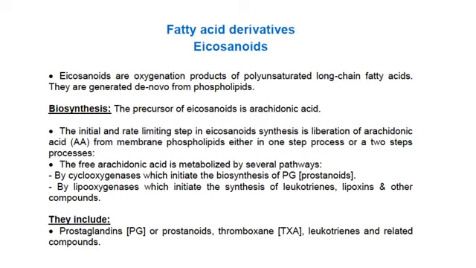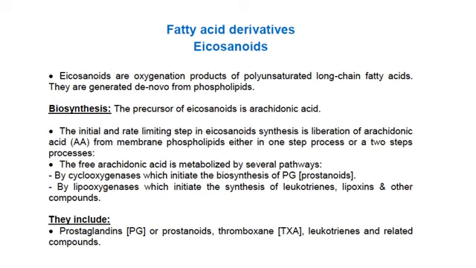So eicosanoids are derivatives of arachidonic acid, which consists of 20 carbons, and this is the mother compound. This arachidonic acid will undergo multiple oxidations, which means there will be double bonds introduced at multiple positions, and introduction of these double bonds will produce polyunsaturated long chain fatty acids that will be called eicosanoids.